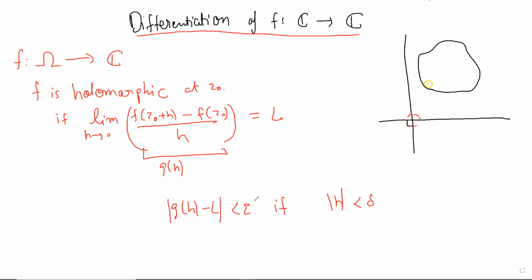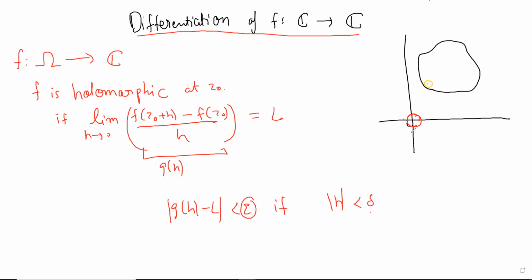So if you want an epsilon, then you can find a delta such that whenever h is small enough, but here small enough is a very strong thing. It is not just small values on the interval, it's small values in this entire ball. So there are a lot of tests that the function has to pass in order to be declared differentiable.